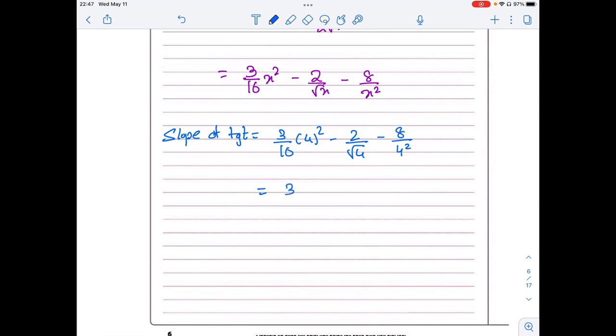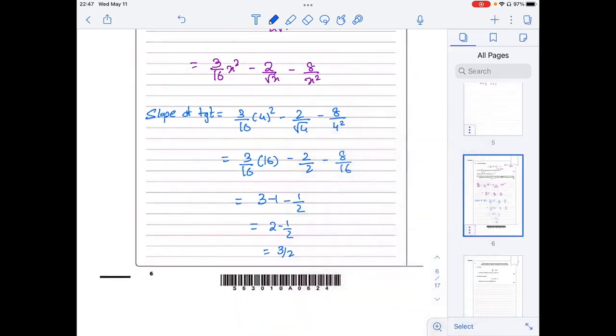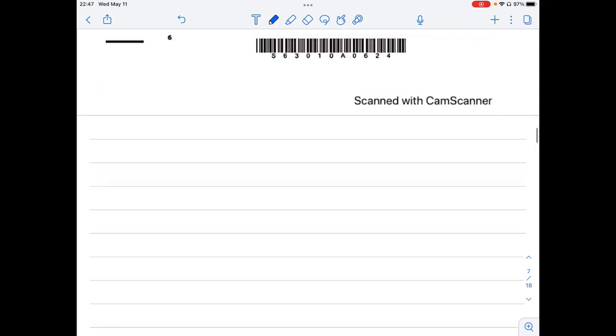So this becomes 3 upon 16 times 16 minus 2 upon 2 minus 8 upon 16. So which is 3 minus 1 upon 2, 2 minus 1 upon 2, which is going to be 3 upon 2. This is the slope of the tangent, but he's asking about the normal.